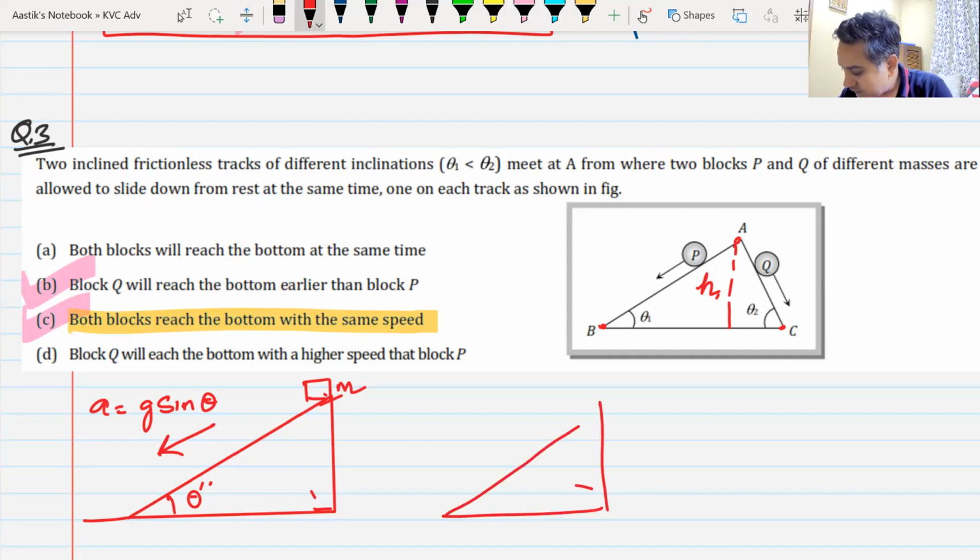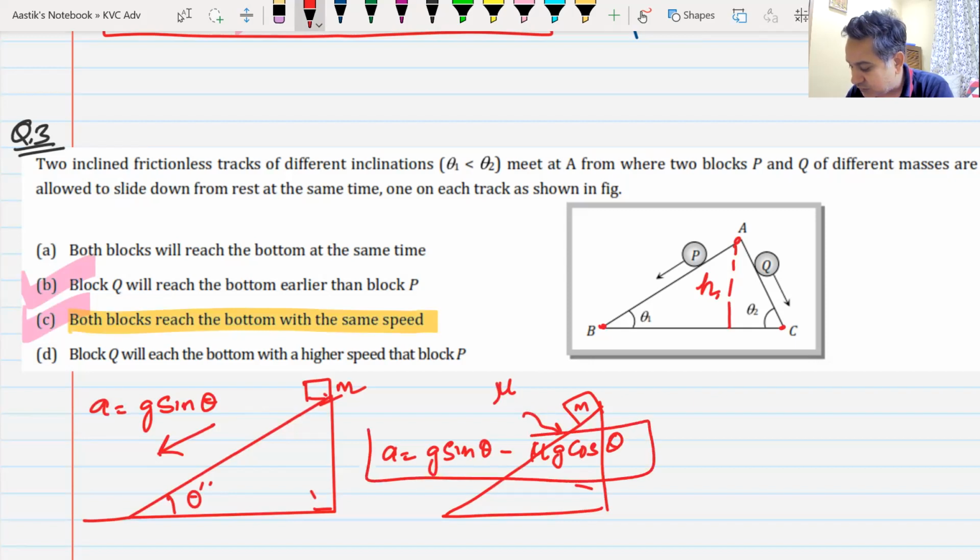Now, similarly, if you again place this block of mass m here and I have a coefficient of friction as mu, then the acceleration becomes g sine theta minus mu g cos theta. These are the two things that you must remember because you can get a question based on these two quantities.